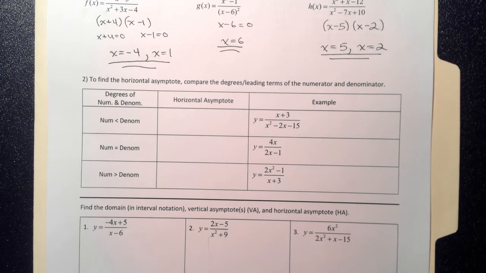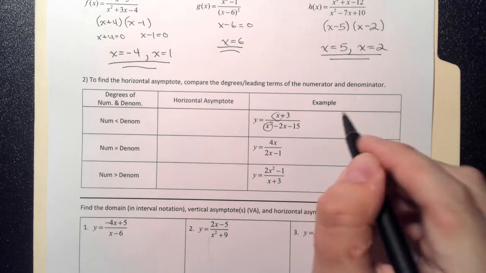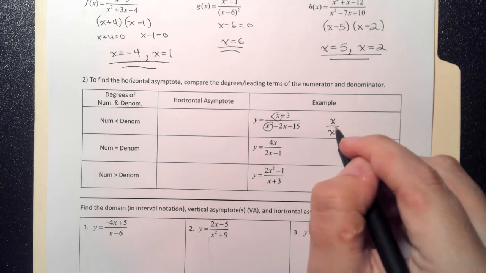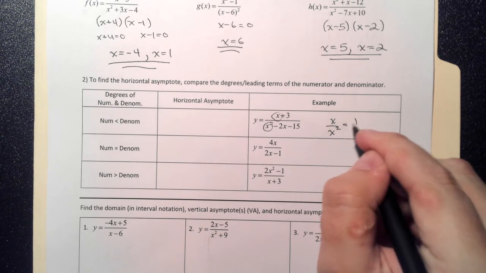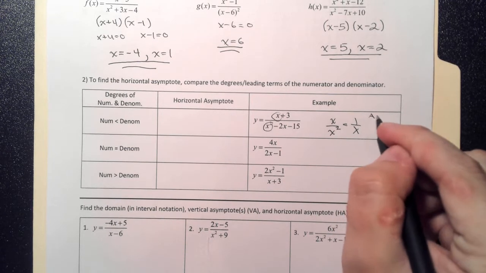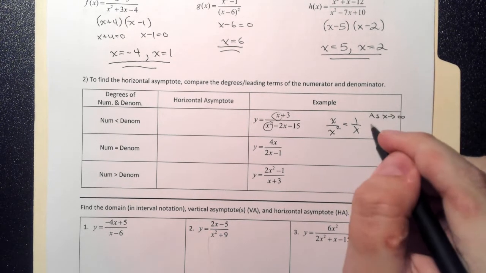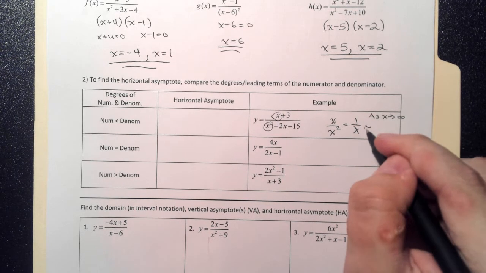And I want to think about this. Right here, if I look at the leading terms, I see x over x squared, which simplifies to 1 over x. Now that's not an asymptote by any means, but what I need to think about as x approaches infinity, because I'm talking about end behavior when I talk about asymptotes, this is going to approach 0.